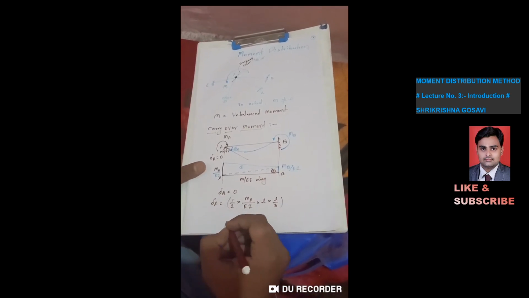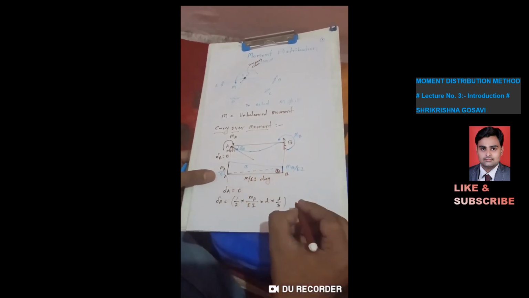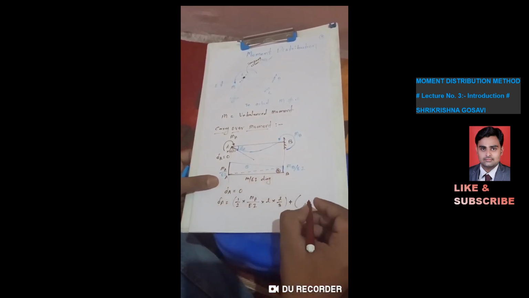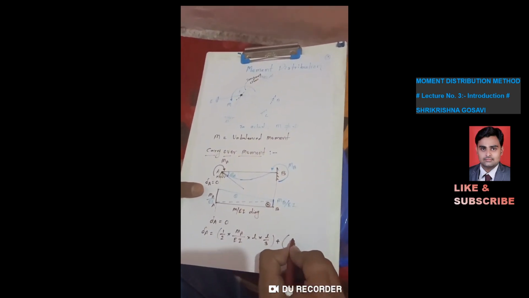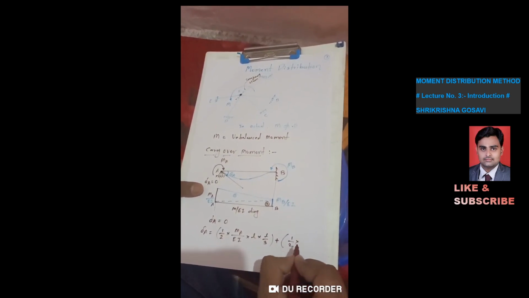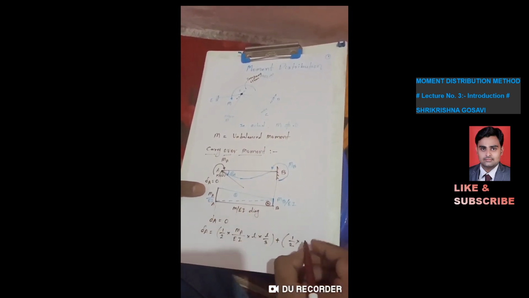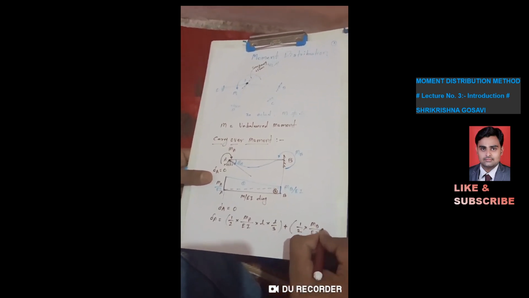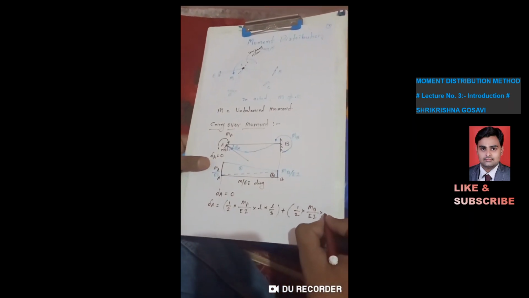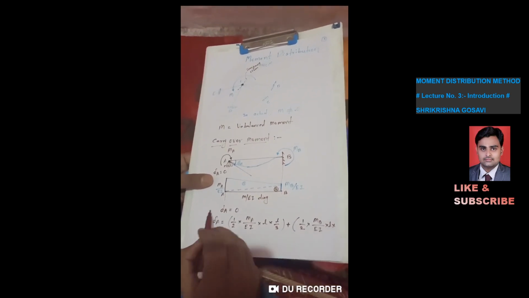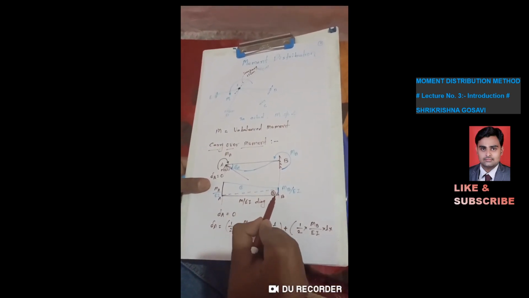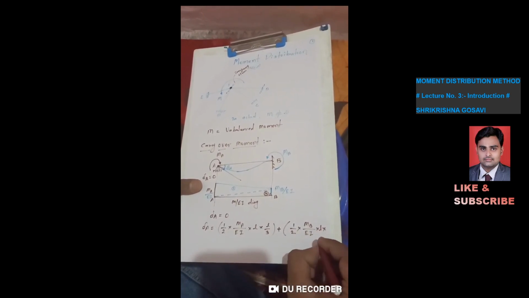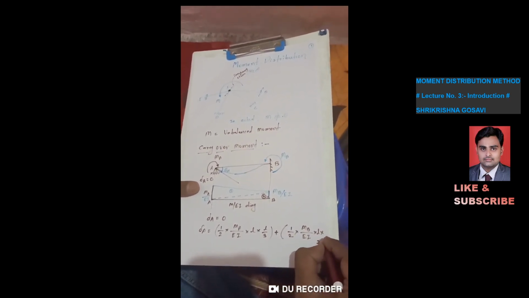In a similar manner, now consider the second area, which is again a triangle. So again I can write half into base into height. MB upon EI is my height, into base L, into, now here is the 90-degree right angle triangle, so from point A the centroid will be at a distance of 2/3 of L, so 2L by 3.